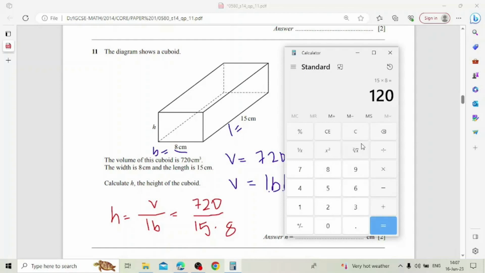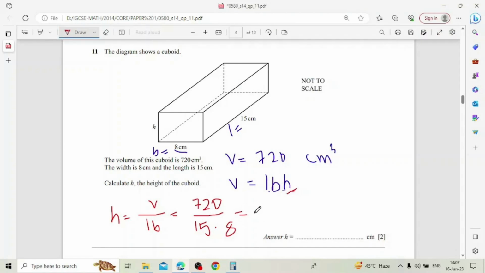Okay, for now it's fine. 120. Now, let me get 720 over 120. That's just 6 centimeters. So, the answer is 6 centimeters. Now, let's write the answer, 6 centimeters. Oh, it's already here. Done. This is 2 marks.